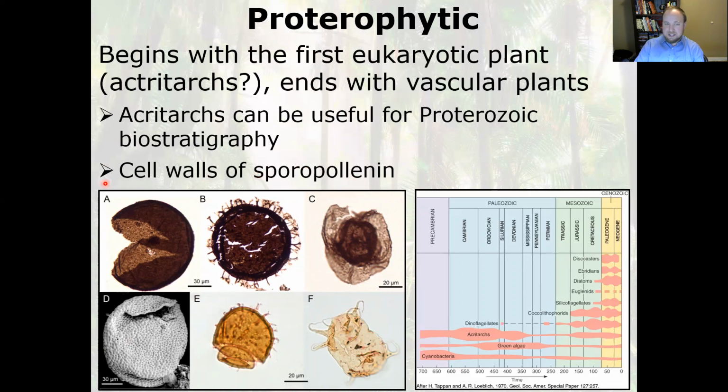Their classification is a little problematic and there's some debate about them, but they're probably the first eukaryotic plants. Their cells are larger than cyanobacteria and more complicated, but again, preserving organelles is very difficult. It's hard to pin down exactly what these things did when they were living from very sporadic, difficult to read fossil evidence.